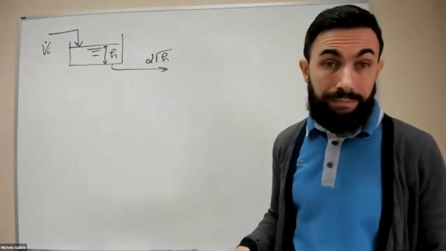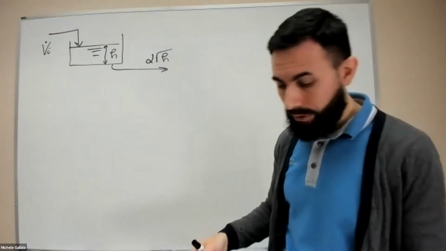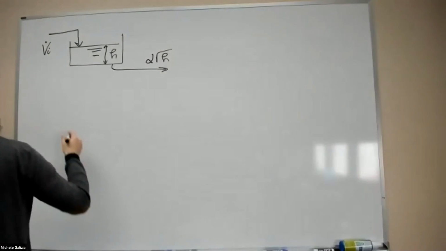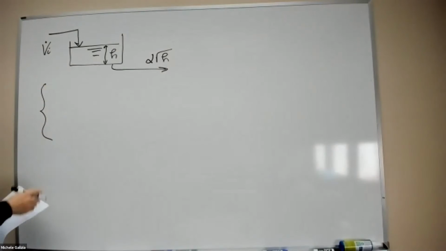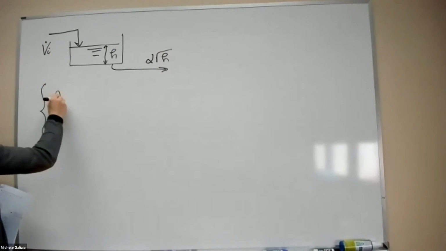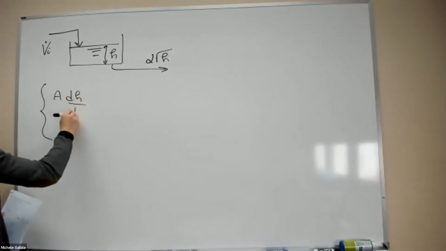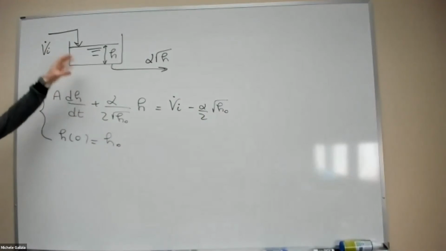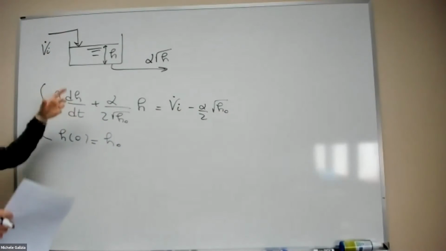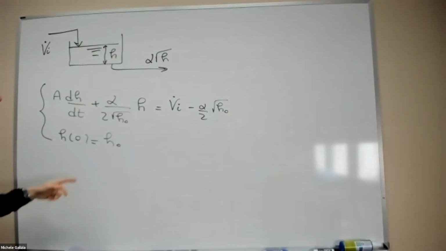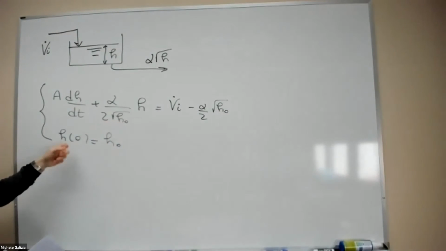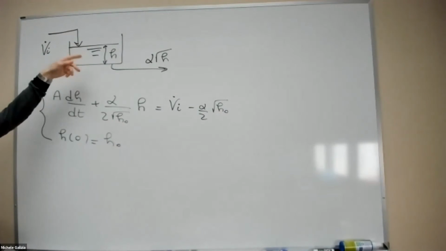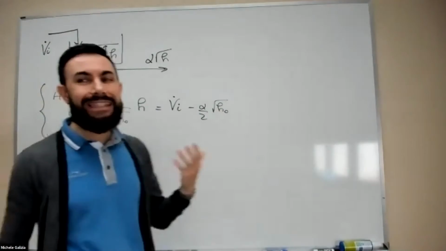And we linearized it. And just to go back to your notes, this is the linearized model that we wrote for this system. H is the instantaneous level, A is the cross-section area, H0 is the initial level, the initial steady state level in the tank.